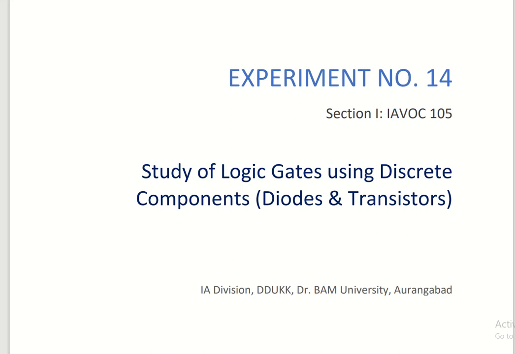However, you will be surprised to know that even if we do not use an IC and use analog electronic components like transistors or diodes, we can generate such logic operations. This session is dedicated to such an experiment where we will be developing AND gate, OR gate and NOT gate using transistors and diodes.